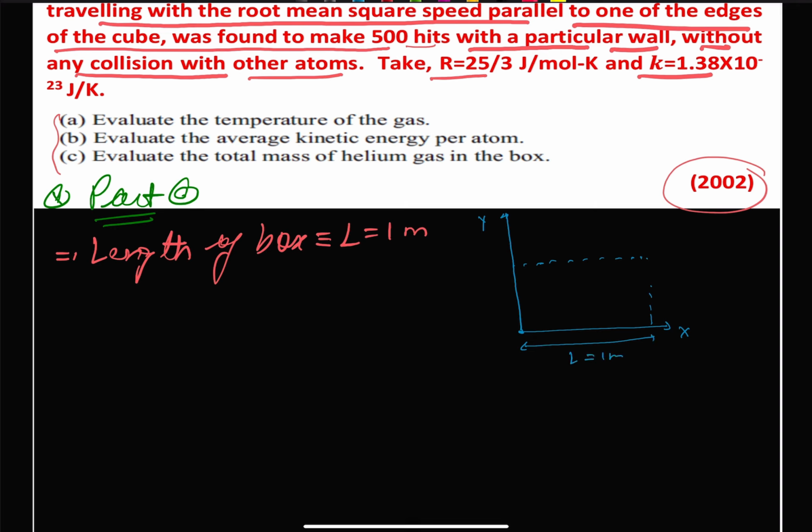So obviously this wall is at x equal to 1, and the atom starts from x equal to 0 and strikes at x equal to 1.